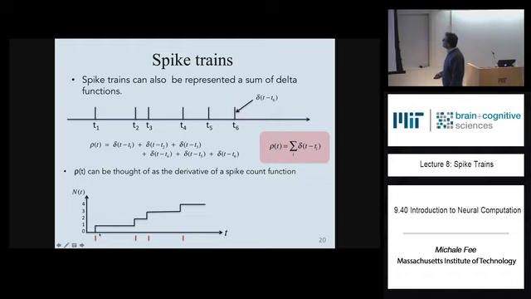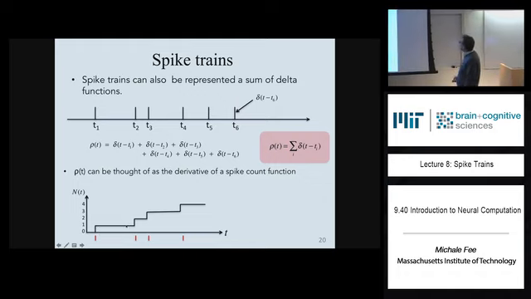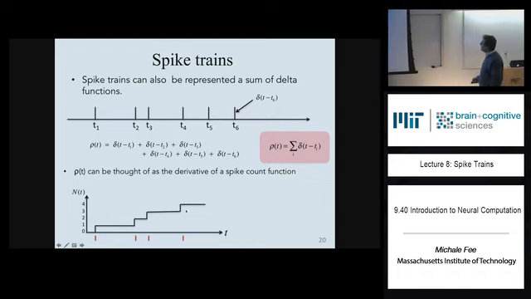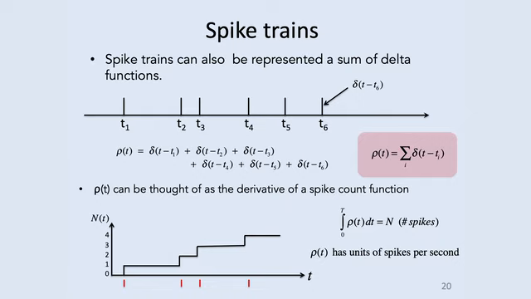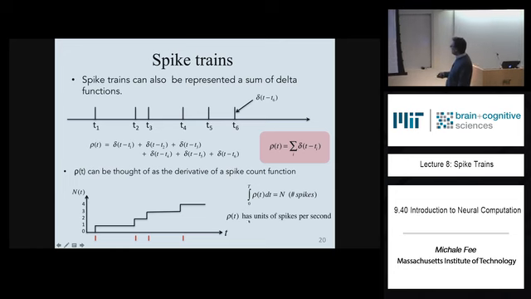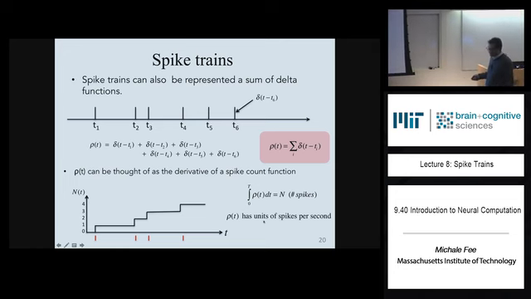After the first spike, then we'll have a spike count of 1, and you can see that you get this stair step increasing to the right for each spike in the spike train. Since the integral of this spike train over time has units of spikes, you can see that the spike train, this rho of t, has units of spikes per second.